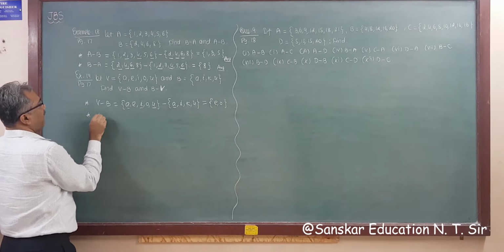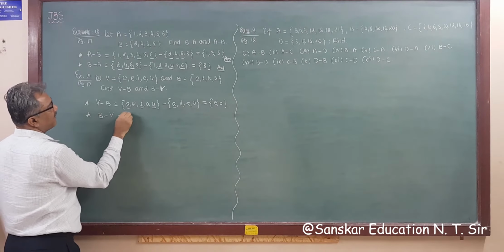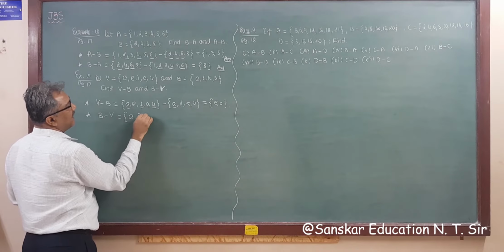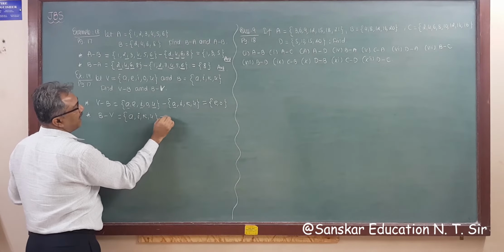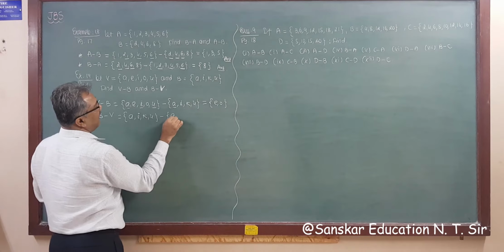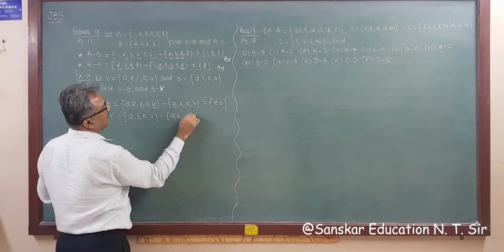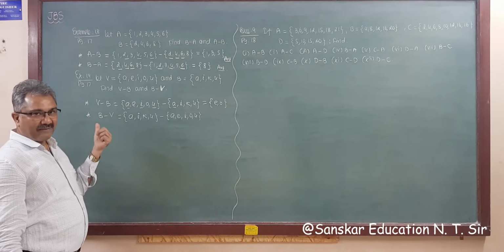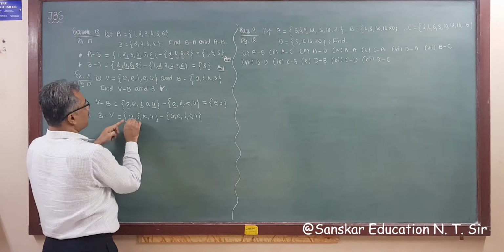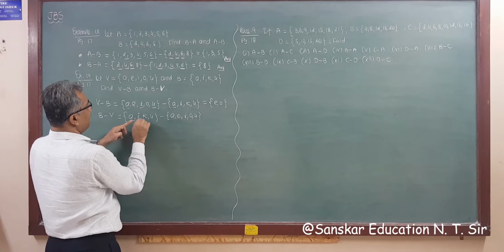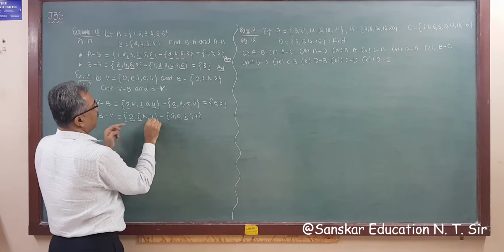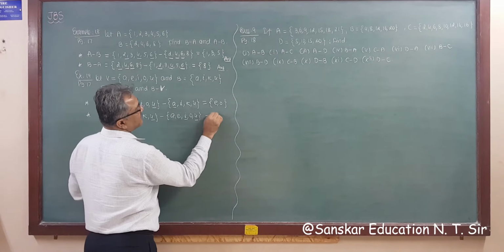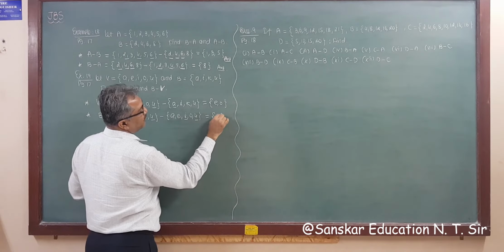Then B minus V. Now B is A, I, K, U and V is A, E, I, O, U. So remove common elements from the first set. A is common, I is common, K is not there, and U is common. So the answer will be K, right? So got it?